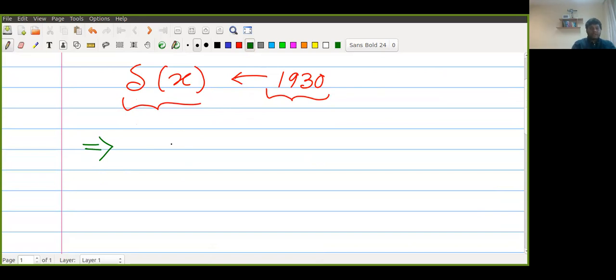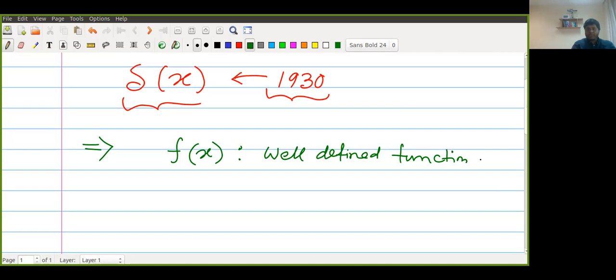Okay, so let's consider a function f of x. This f of x is a well-defined function at x equals x naught.